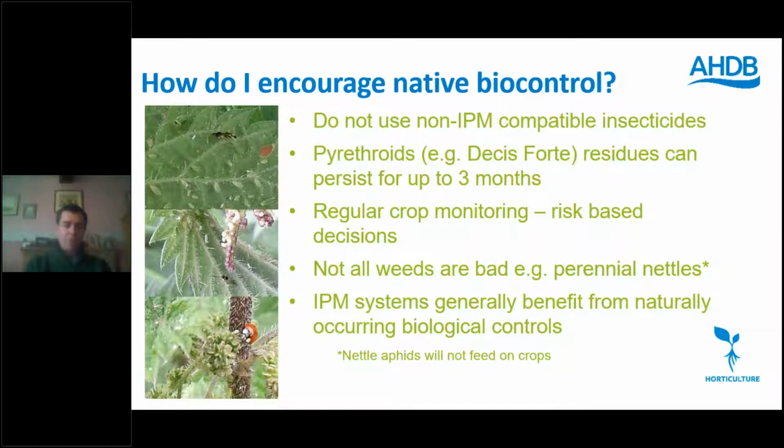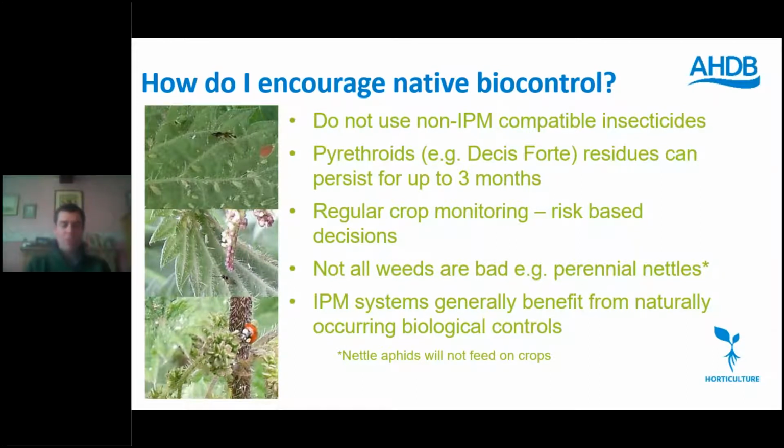So how do I encourage native biological control? Where you're not using any non-IPM insecticides like DCIS, you don't get these persistent residues that can persist for up to 3 months, which basically prevent biocontrols establishing and native predators moving into the crop.